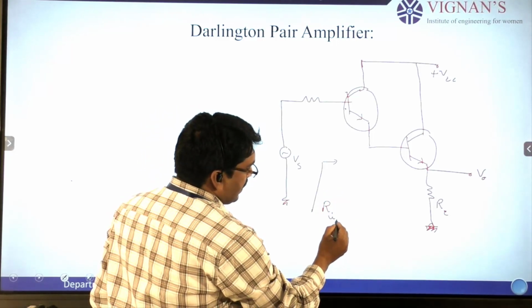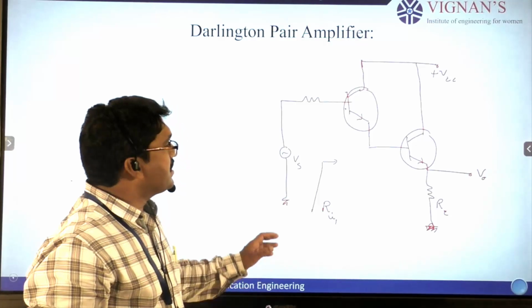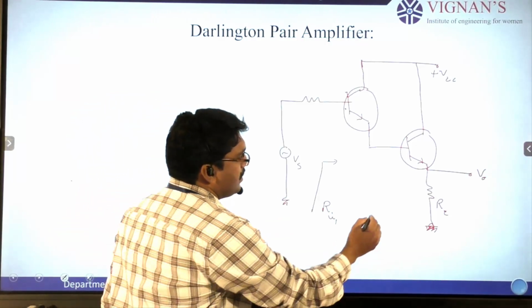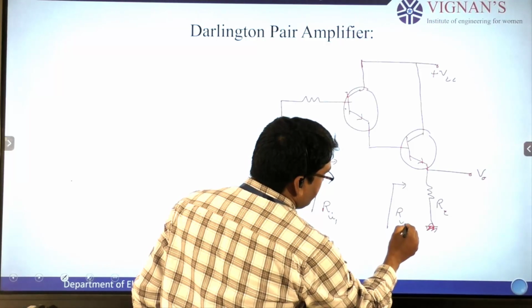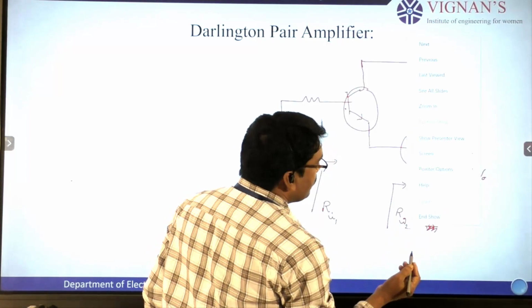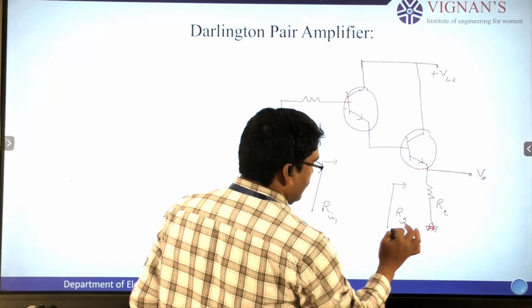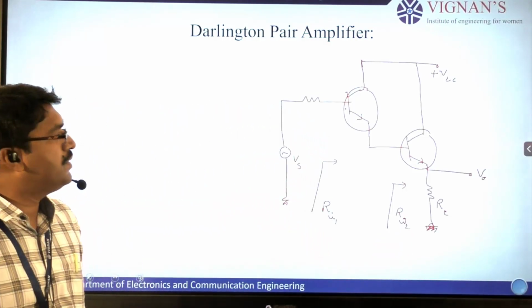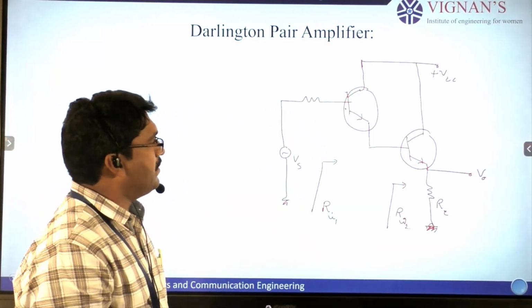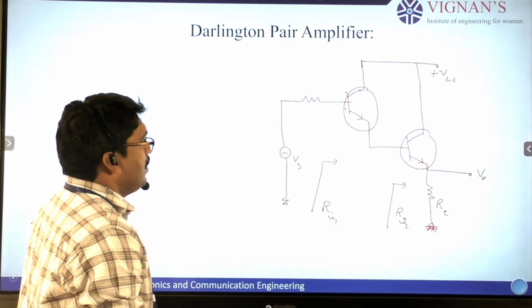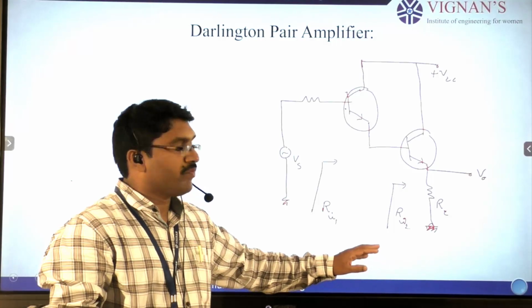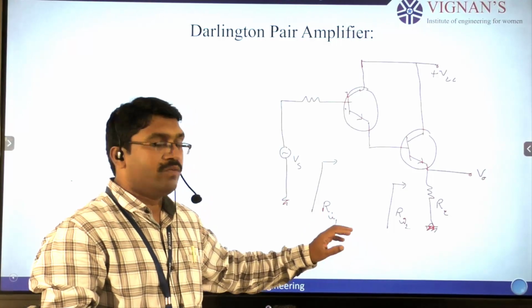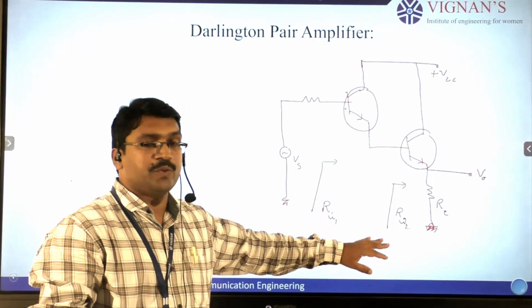Consider Ri1, the input resistance of the first stage. This is Ri2, the input resistance of the second stage, or simply the CC amplifier. To find this, first we need to find Ri2, then Ri1. We will compare Ri1 with Ri2.